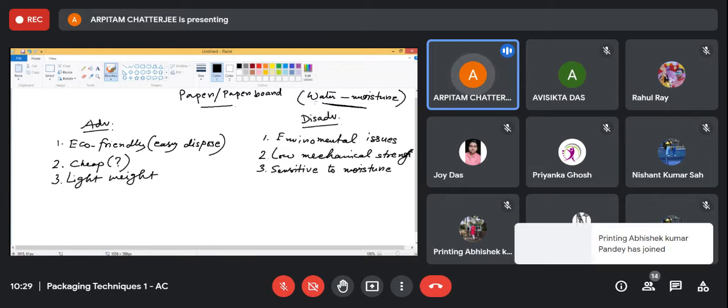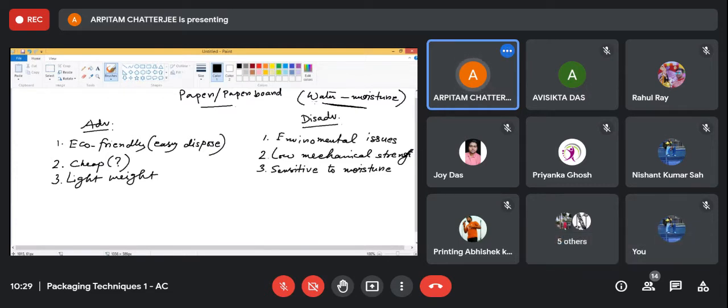Or, for example, if you are transporting in monsoon time, or to a place which is raining heavily. Then the case will be water, but moisture is there in every place. It may vary from one place to another, but it is a general thing, and it has a seasonal impact also.